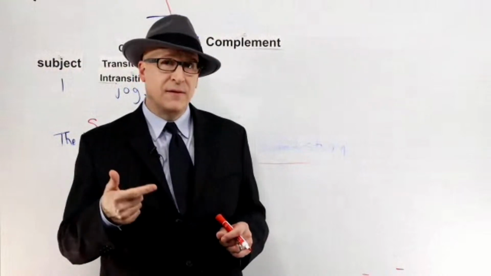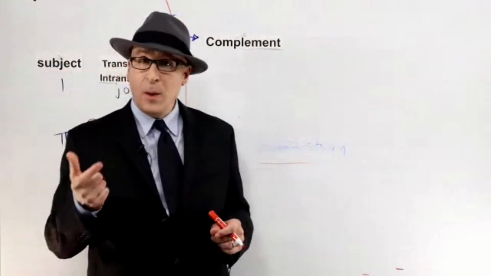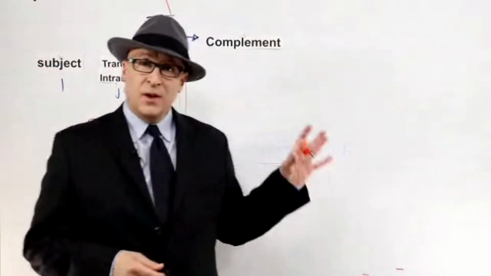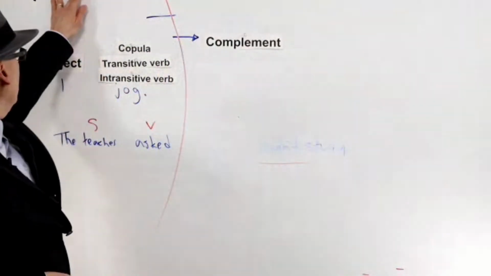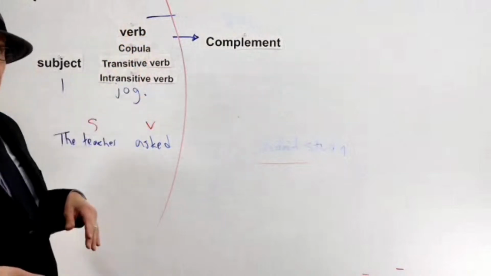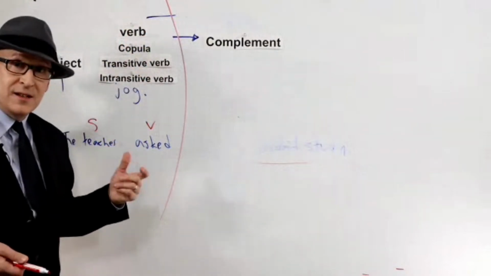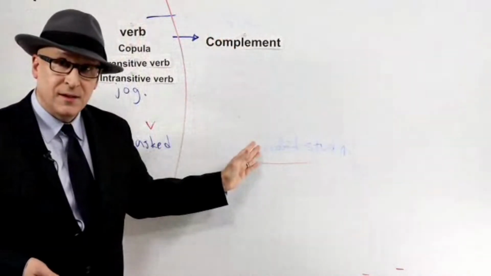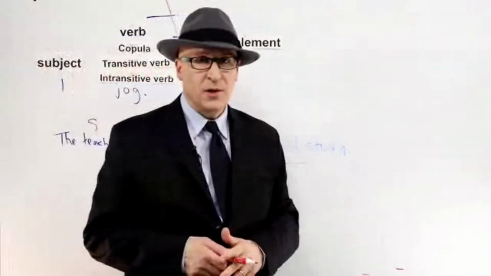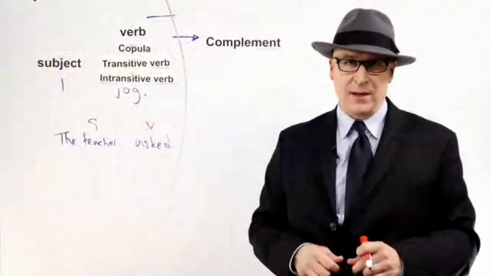Noun, verb, adjective, adverb, preposition. But once we start making sentences, we have to talk about things differently. The parts of a sentence are subjects, verb, complements. Right? This is sentence structure we're talking about, not category of vocabulary.